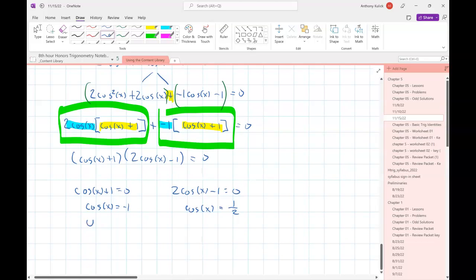So I'm going to go to the unit circle and look for where the x-coordinate is -1. We solved that before. That happens at -pi only. And we'll go to the unit circle and look where the x-coordinate is 1/2. Where does that happen?